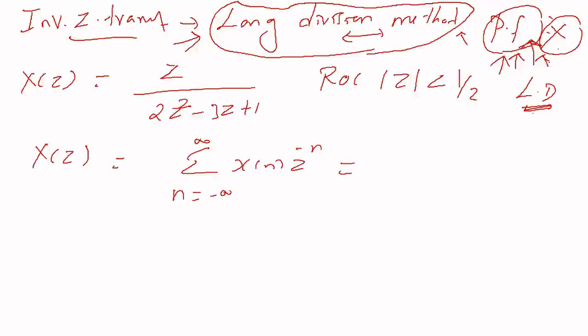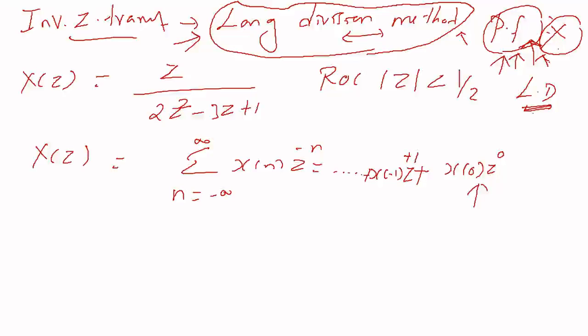Extremely important point. And then I expand how it will be looking. So there will be a component at the origin. On the negative side, the value is x of minus 1 into Z power plus 1. Okay, let me write this, and this summation goes on.